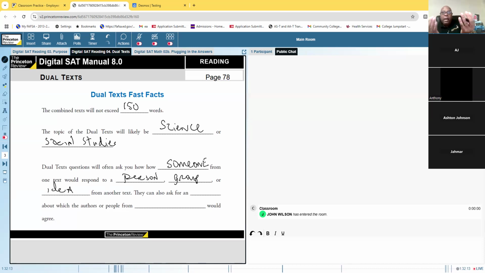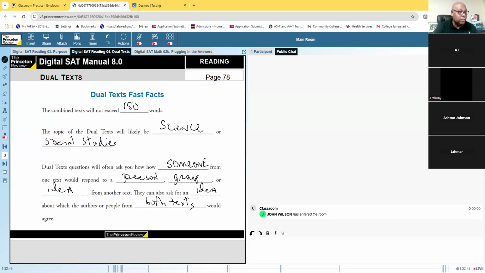They ask you to compare things going on in two texts. They can also ask for an idea about which of the authors or people from both texts would agree. It's rare. They usually don't deal with where they agree, although they do it. So that's how dual text works, okay?